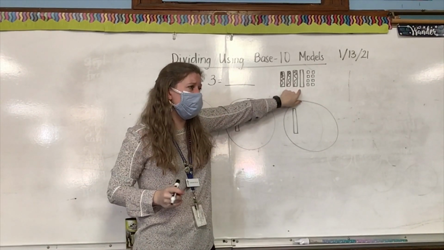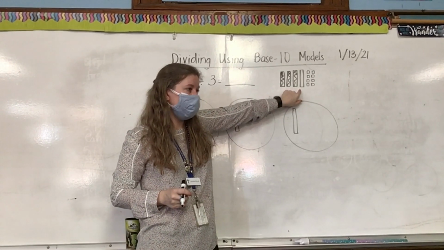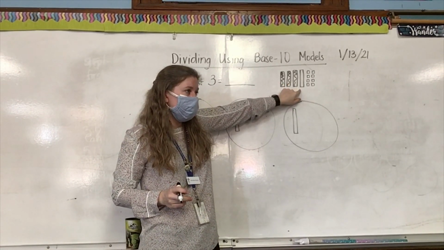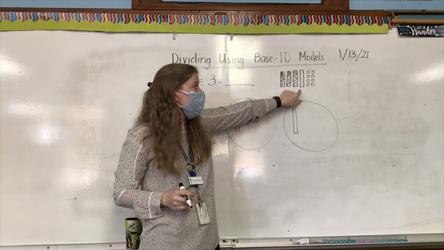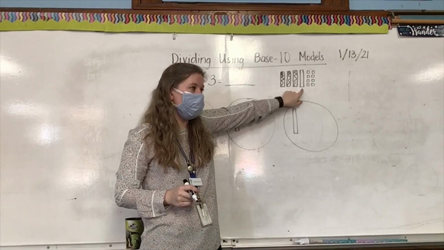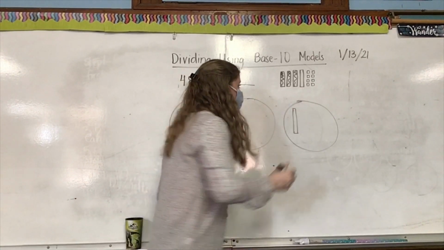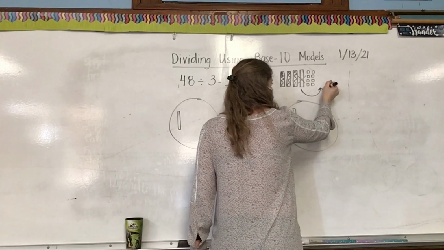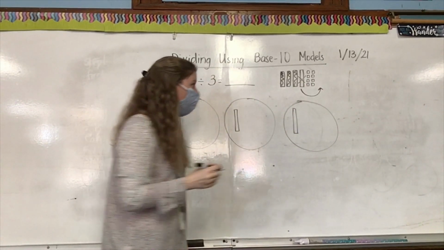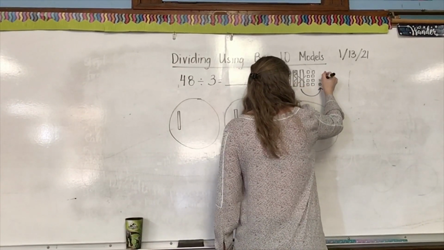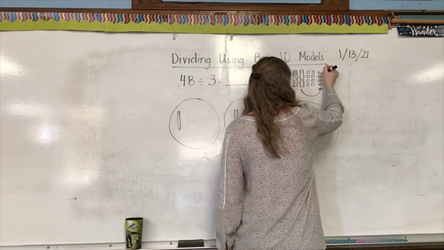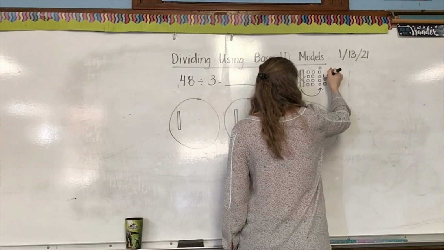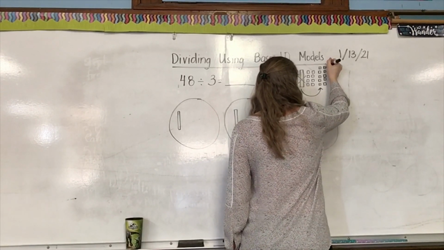Read the next part of step 3. Tens that don't fit evenly into groups get regrouped into ones. So how many tens do I have that don't fit evenly? 1. So I need to regroup that 1 ten into what? 10 ones. 1, 2, 3, 4, 5, 6, 7, 8, 9, 10.